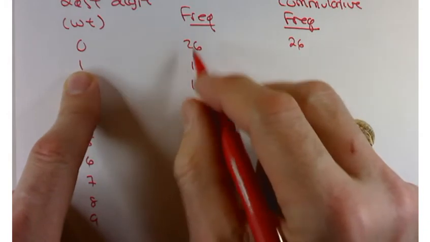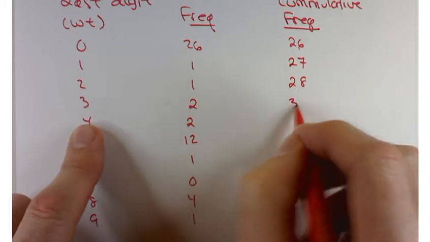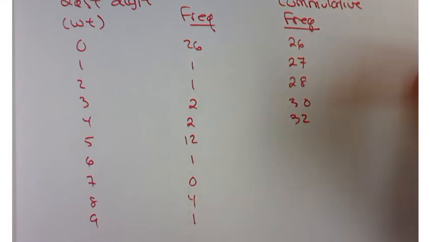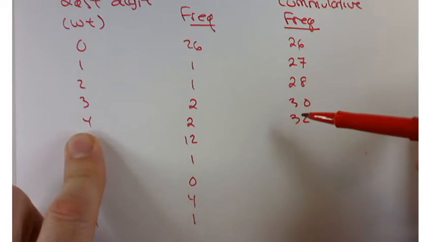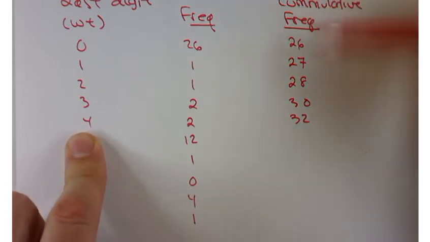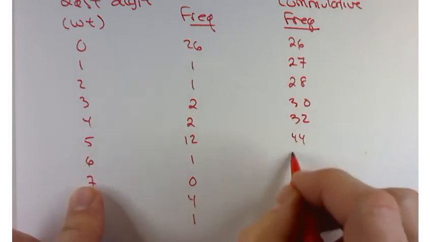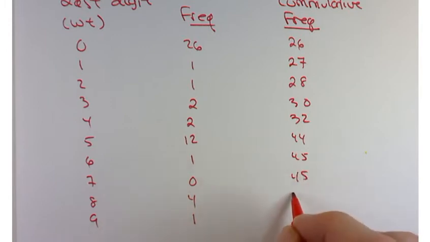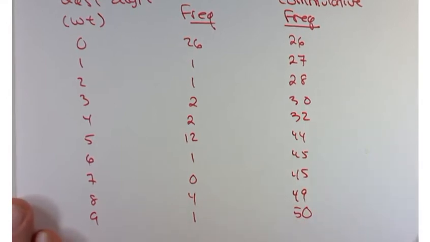So it would be 26 plus 1 would be 27, and then 28, and 30, and 32. So what you're doing is you're adding up the number of people that have a last digit in their weight of 4 or less. So that'd be 32, and then you jump up to 44, 45, 45 again, 49, and 50. So by the time you get there, you've got everybody.